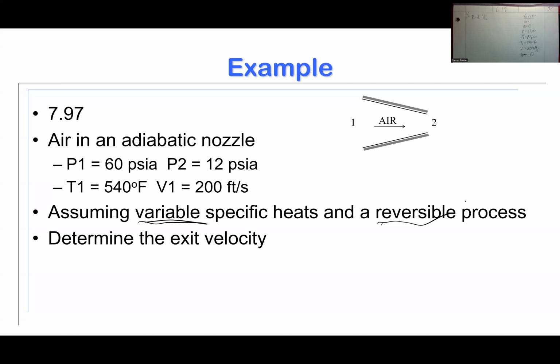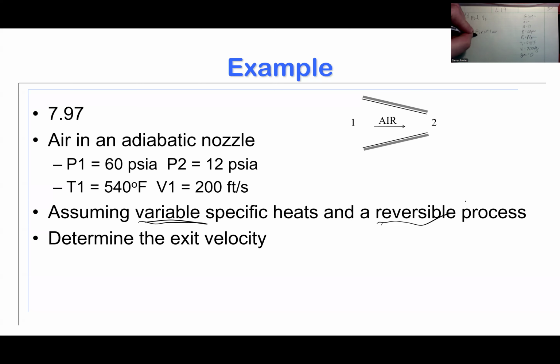Now, we've already worked this one previously. You can go back and look at lecture 19. We set up the first law and solved it. The only thing I don't know is V2, which I'm looking for, and I don't have any way to find H2. The first law simplifies down to this: V2 is equal to the square root of 2 times the quantity H1 minus H2, plus V1 squared over 2.